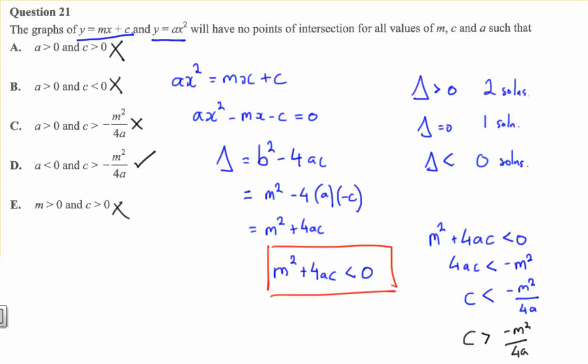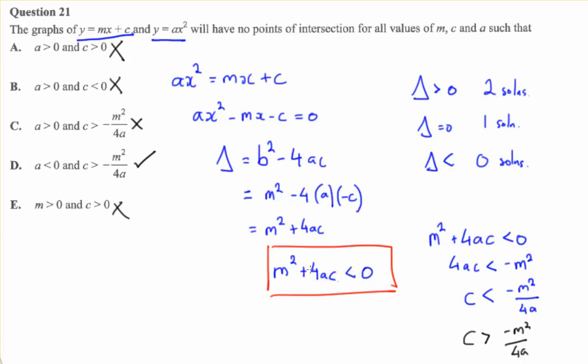Let's look again. Why is D our answer? It's because if a is negative, you get negative m squared on a negative quantity, which is positive. That satisfies what we need here. And we also have a is less than 0.